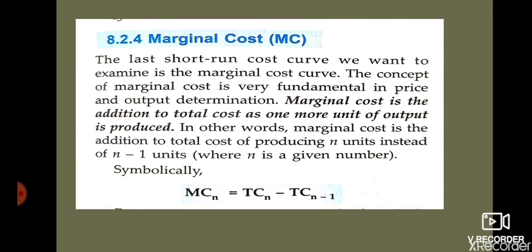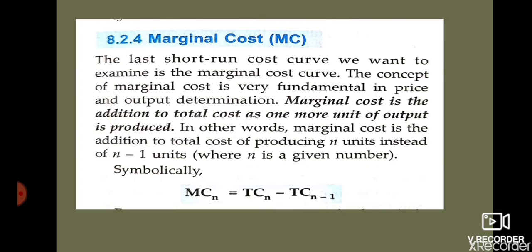For example, if the final total cost is 150 and the previous one was 120, then marginal cost will be 150 minus 120, which is equal to 30. That is the concept to find the marginal cost.